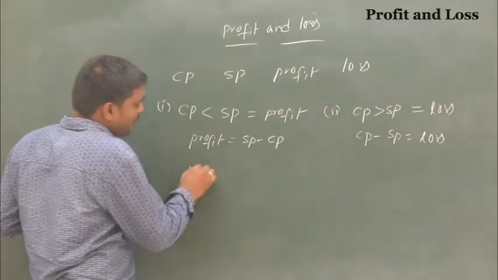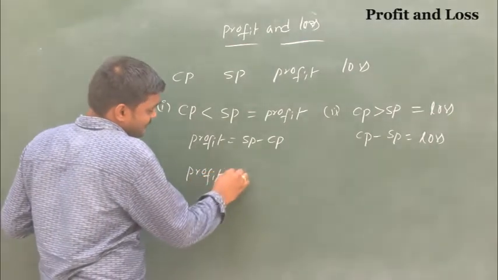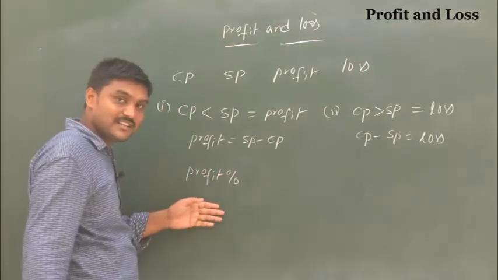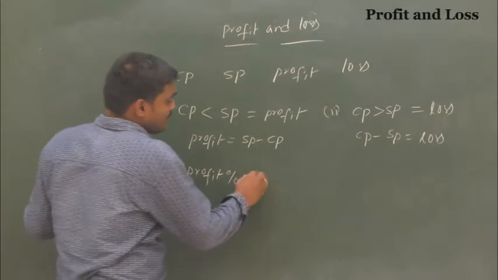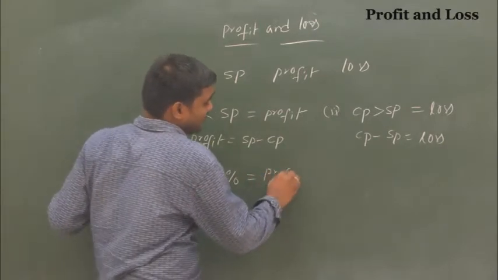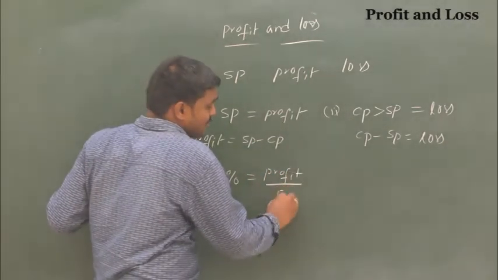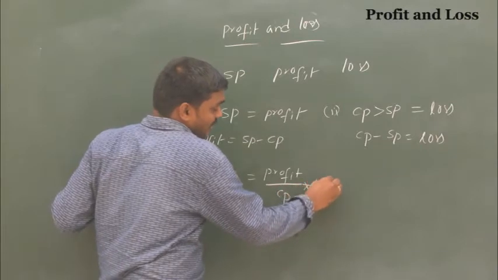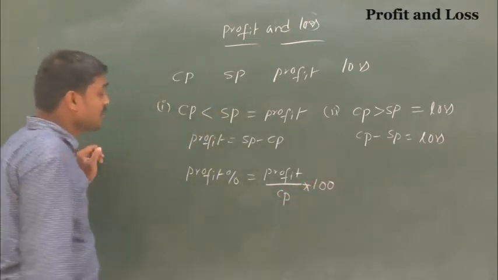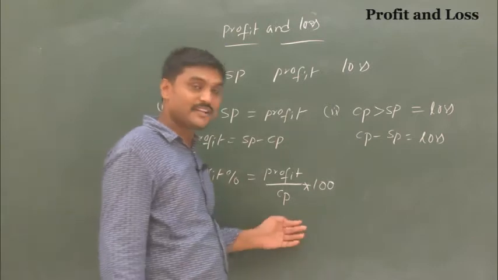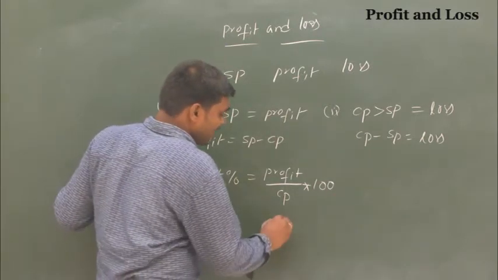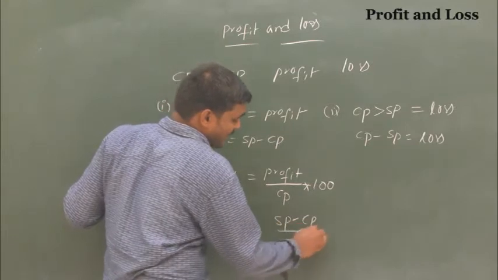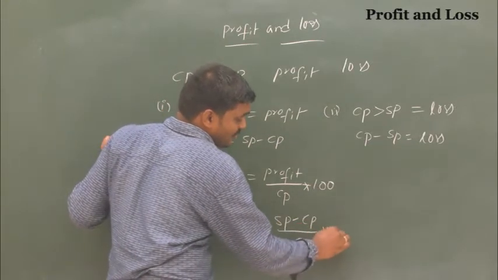If we want the profit percentage, it is always calculated by taking cost price. Profit percent equals profit by cost price into 100, or otherwise (SP minus CP) by CP into 100.